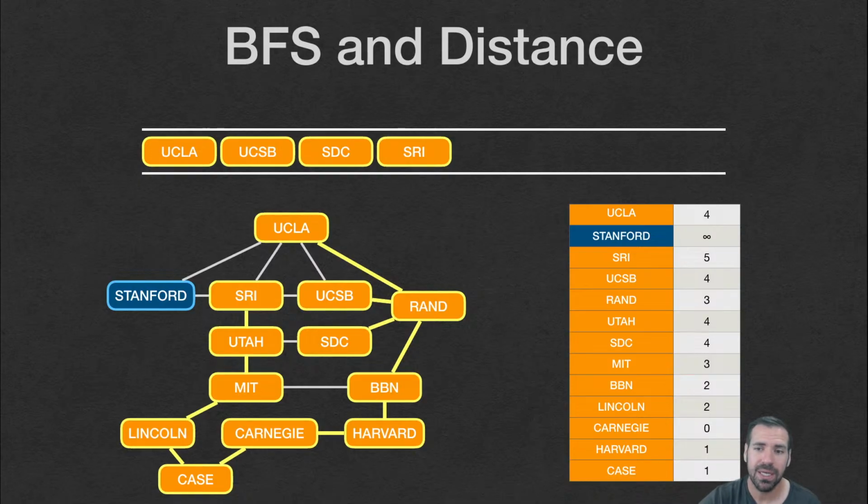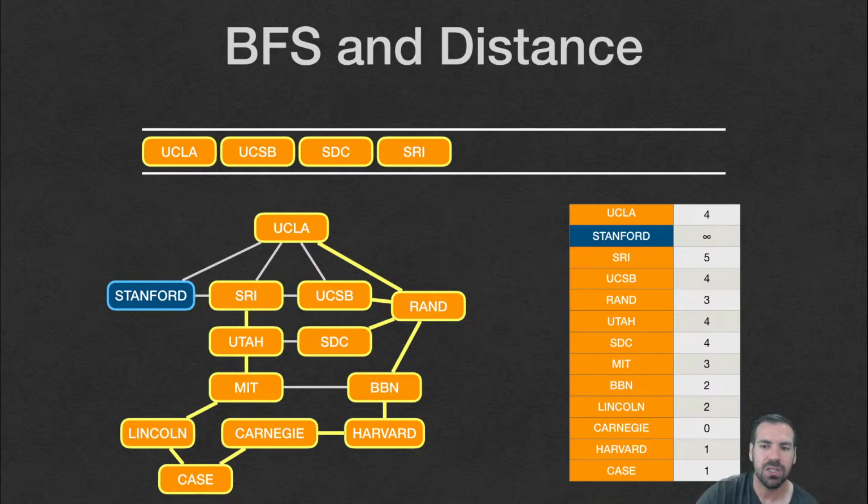So the queue is getting us exactly distance order. And since we're always DQing the lowest distance node that we haven't explored the neighbors of, we're always going to find nodes in distance order. So right here we have all the nodes of distance 4 to DQ. We've already DQ'd all the nodes of distance 0, 1, 2, and 3.